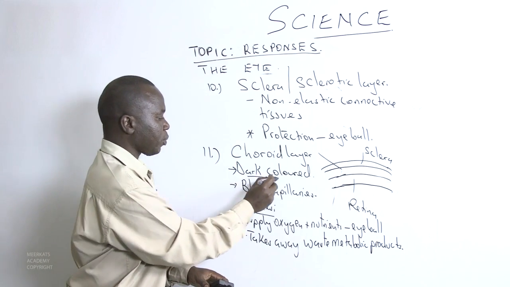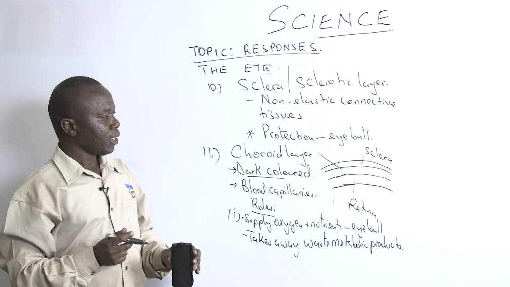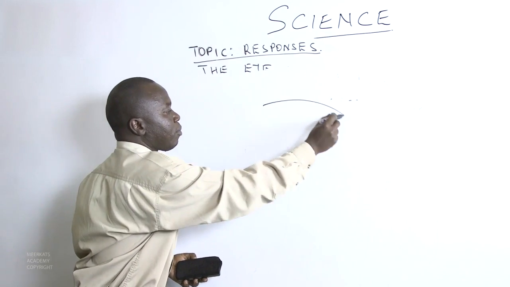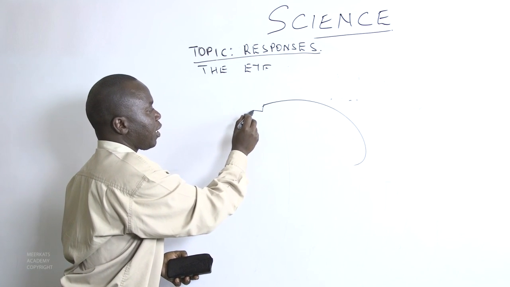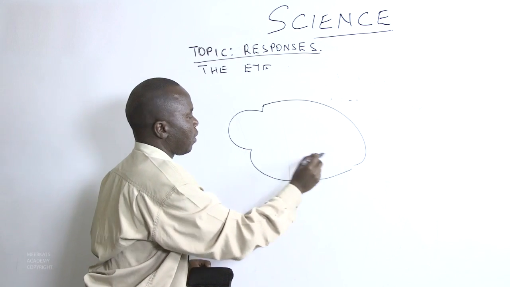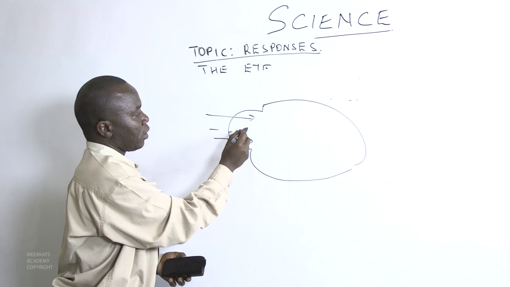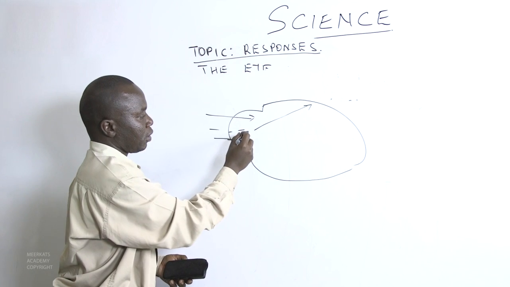Then the other role comes with the dark color. Sometimes in the eyeball, even after refraction, we can have some stray light.